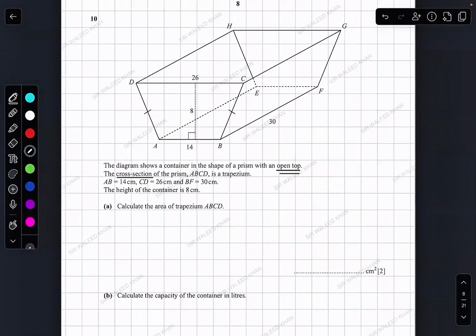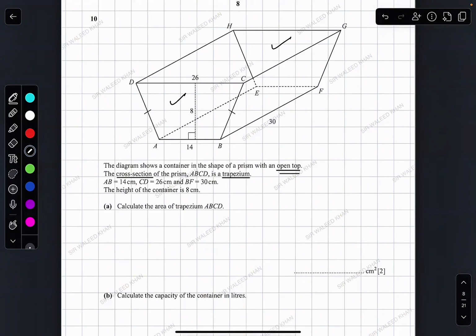For a prism, the base is identical and parallel ends. So the only shape you can see which is parallel and identical to each other is a trapezium. So the base of this shape is a trapezium. Whatever cross section they give you, you can use that as a base. AB is 14.